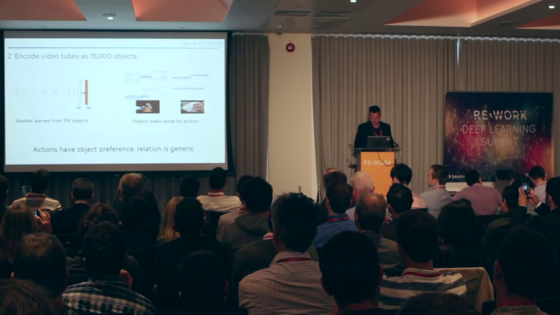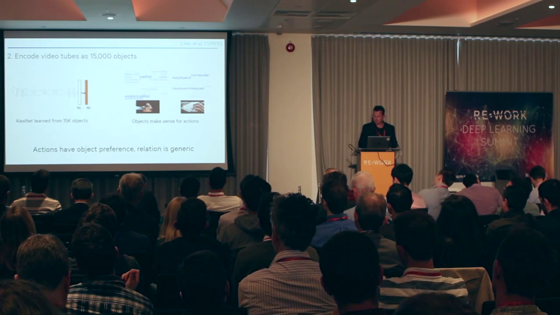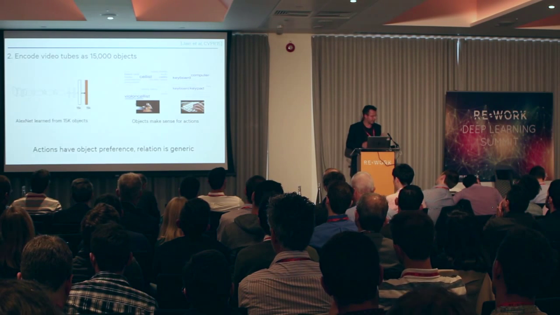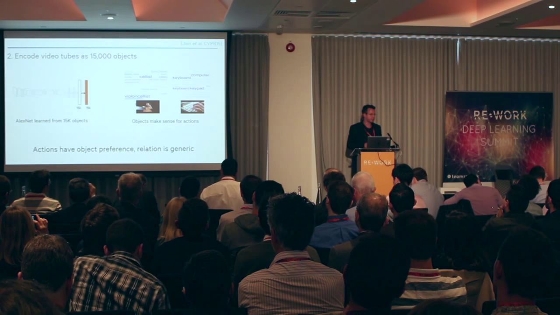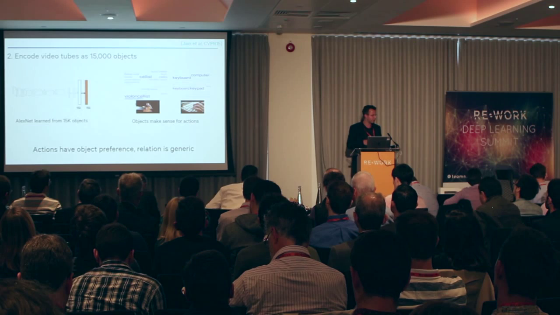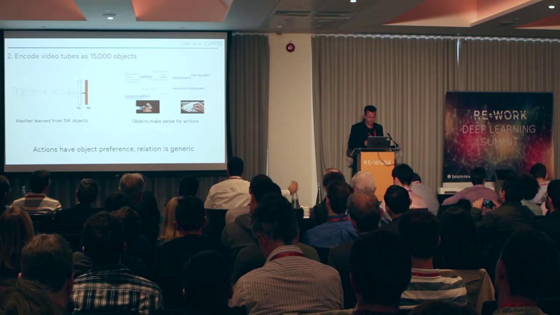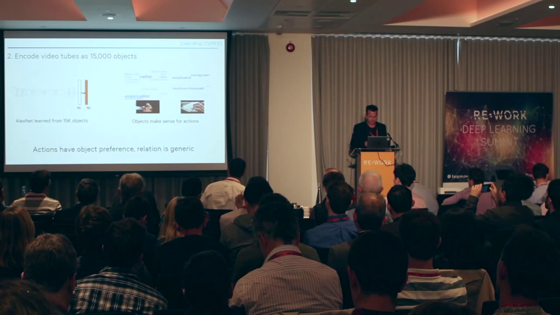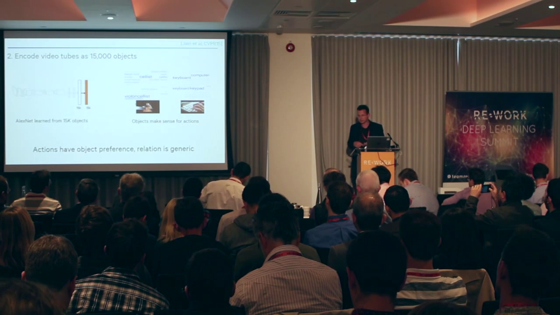Now, as it happens, and this is basically continuing where Lior stopped, image annotations can be used for action recognition. Indeed, we did an experiment with training all the ImageNet categories that have more than 50 examples. Turns out that there are about 15,000. And with a basic AlexNet, we found that objects make sense for actions.